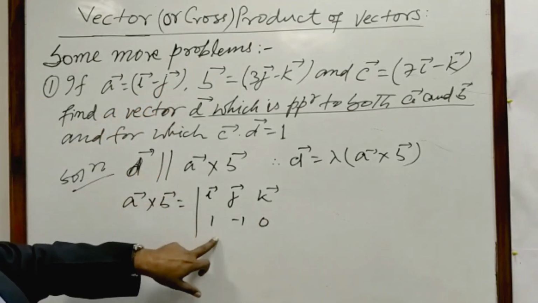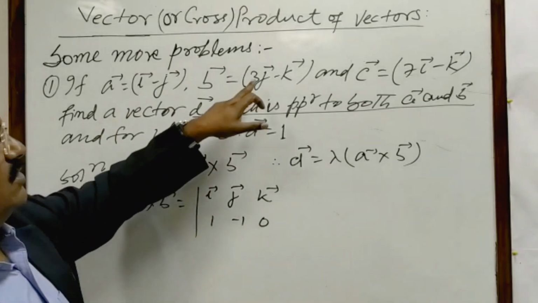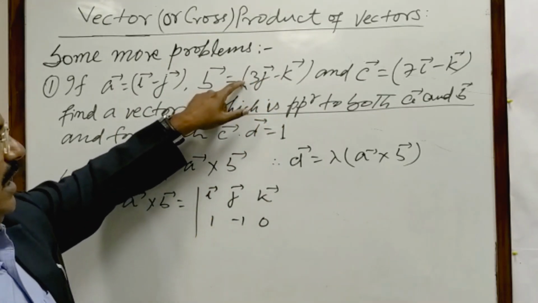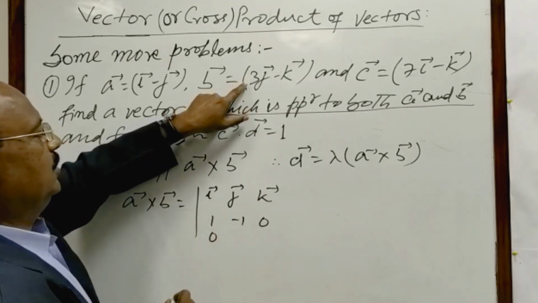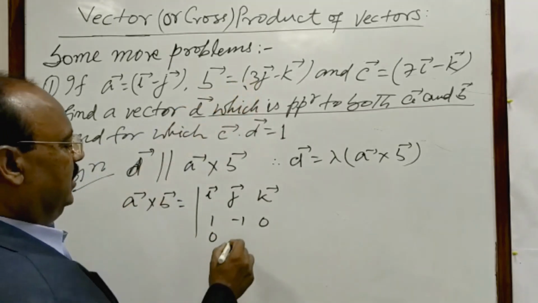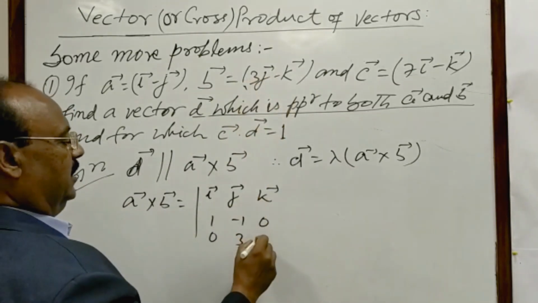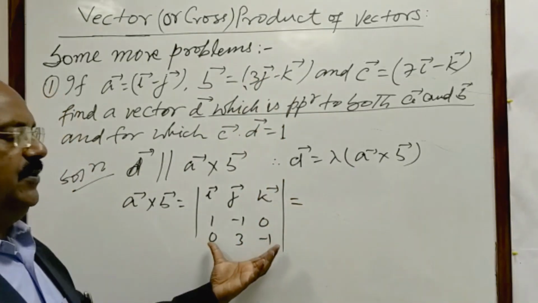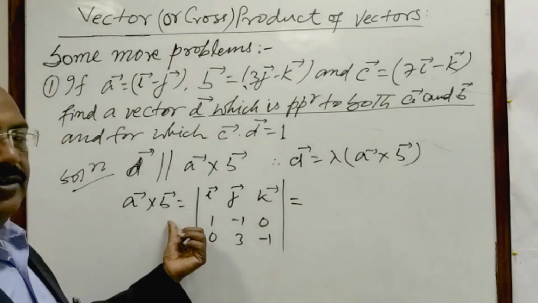Similarly, second row will consist of coefficients of i, j, k in the second vector. There is no term having i, so this coefficient will be 0. Coefficient of j is 3 and coefficient of k is minus 1. So after expansion of this determinant, we will get the value of A cross B.